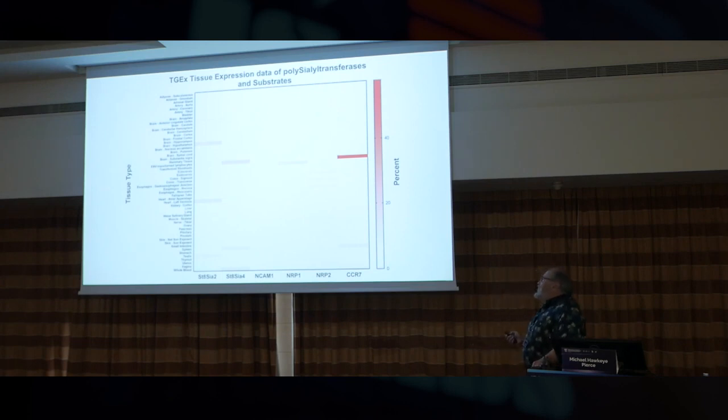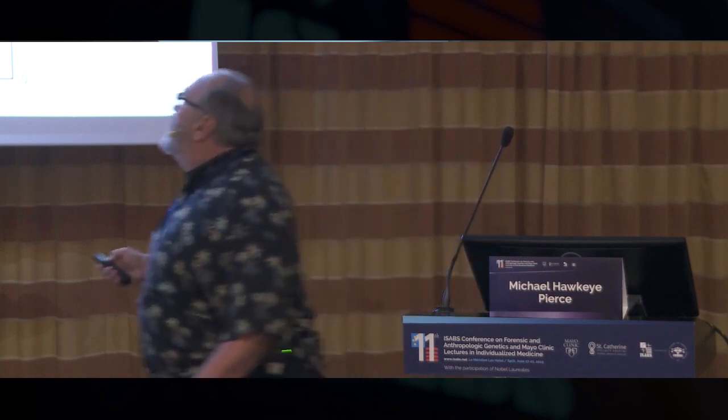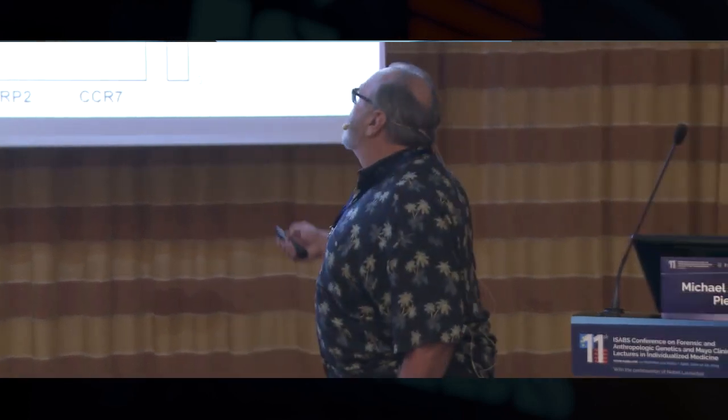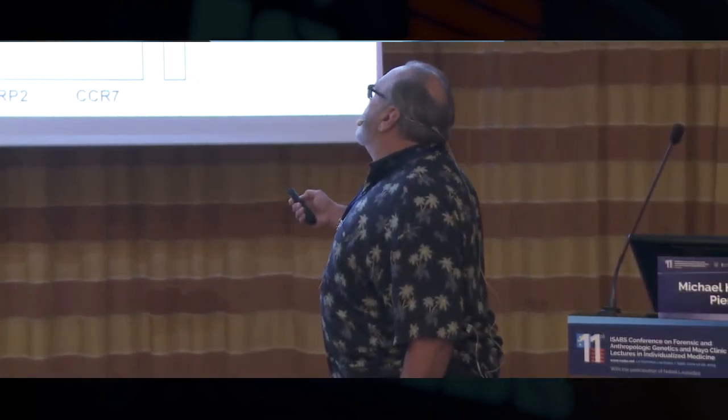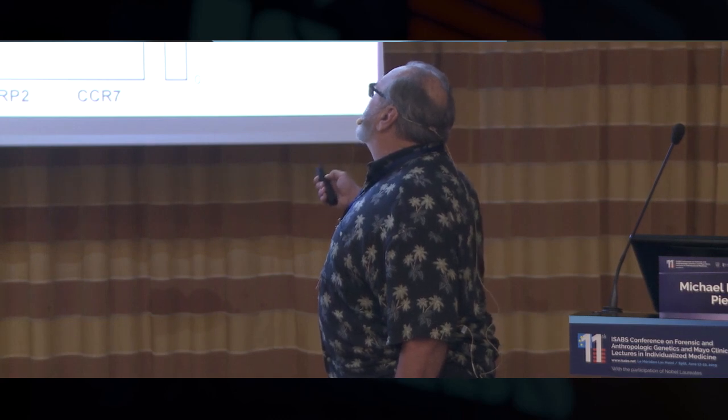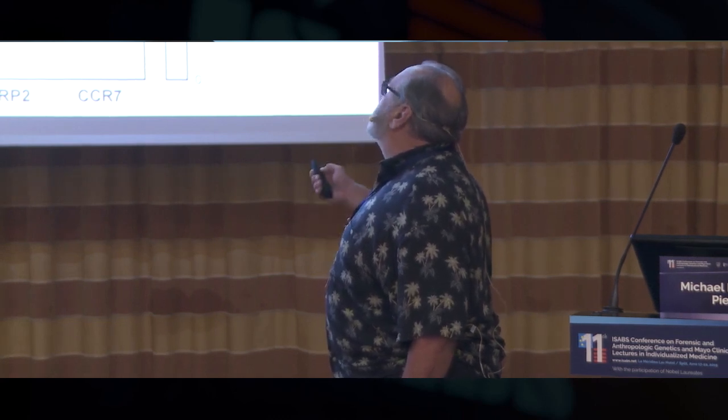My graduate student, DJ Bernsteel, as part of his thesis work, mined the expression library for the two sialyltransferases. You can't really see this too well, but there are a lot of other tissues that light up, though they're much more faint than these large ones. And then here are 4 different acceptors: NCAM, the neuropilins, and then also the chemokine receptor CCR7.